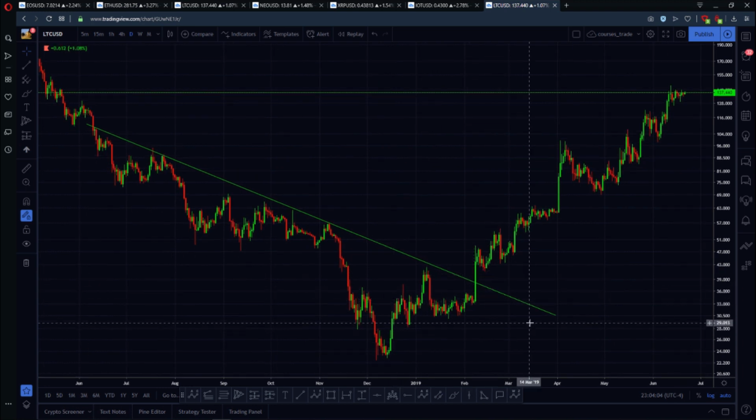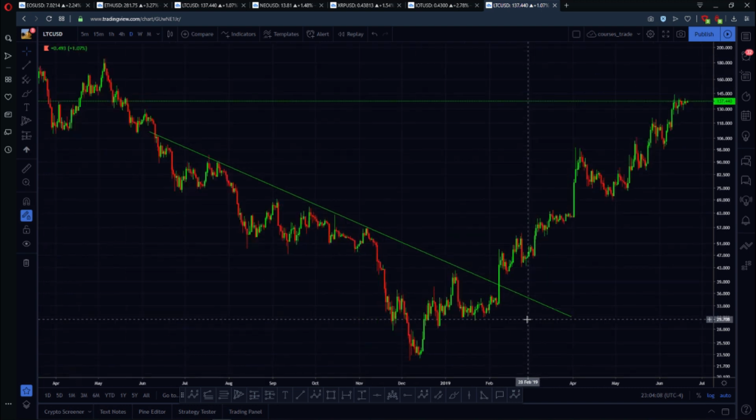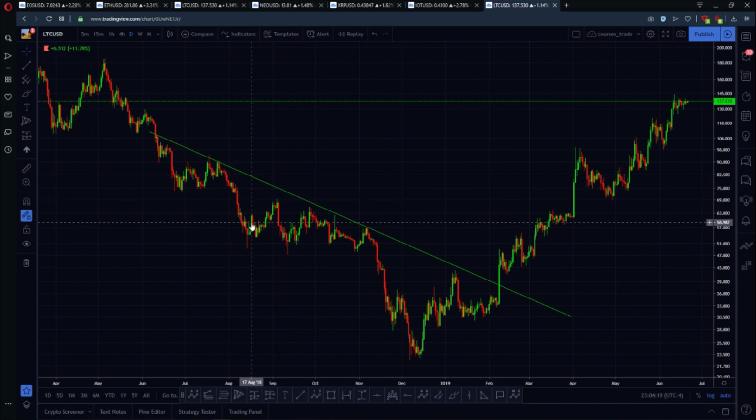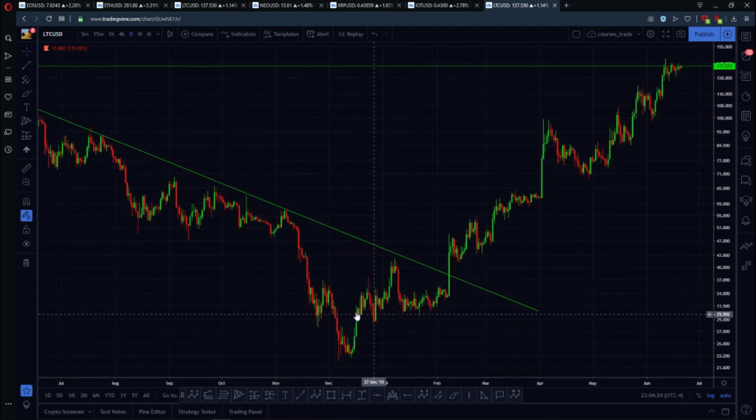Now let me show you how this one is being traded. The first thing you do is called measuring. You identify the wave that is the farthest from the trend line. Now in this case, this one is far from the trend line.